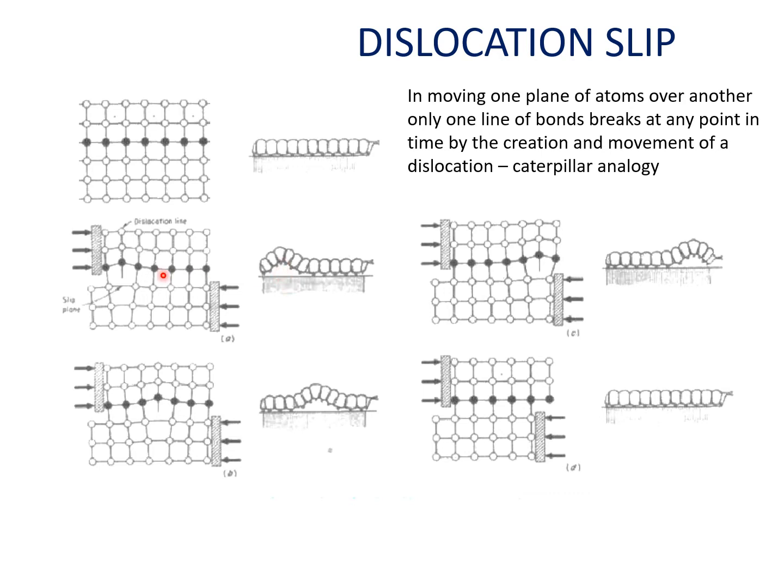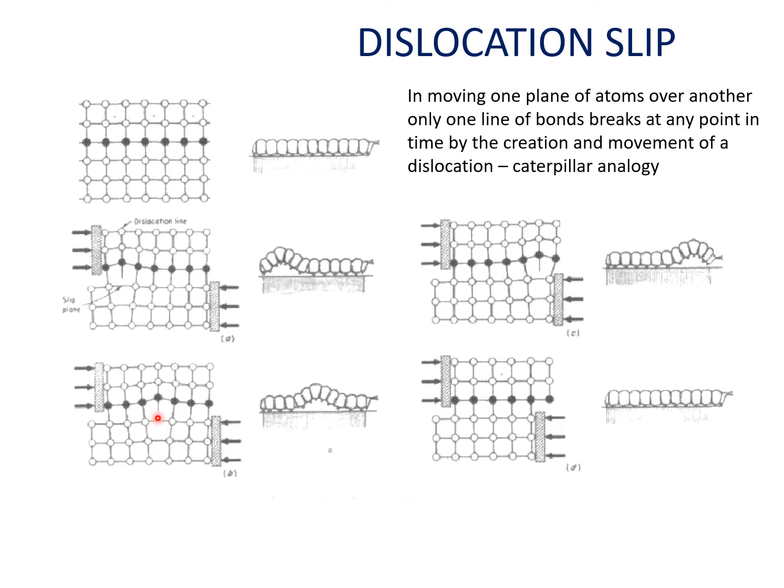And then you work on this part if you're weak like me, and you can only apply enough force to break one line of bonds. Then you can move one layer of atoms a little bit, and then you can move it again a little bit.